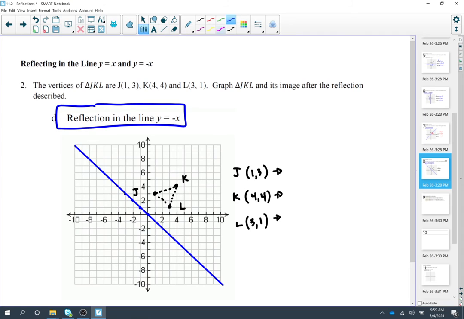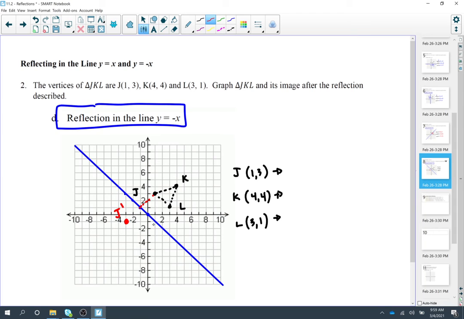Now, if we're reflecting over that line, I'm going to start with J. And if I look at J to the line, do you notice right in here, it kind of goes 1, 2 boxes. So we've got to go out 1, 2 boxes and put J prime.